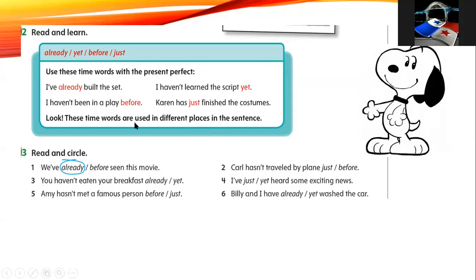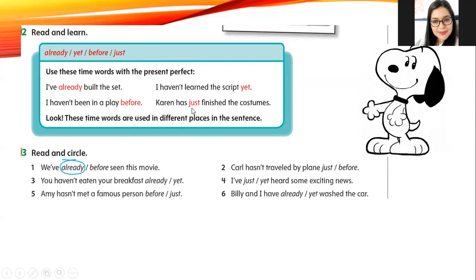Look, these time words are used in different places in the sentence, okay? I mentioned this before. Already could be in the middle of the sentence or at the end. Before, at the end. Yet, at the end. And just after has, always.